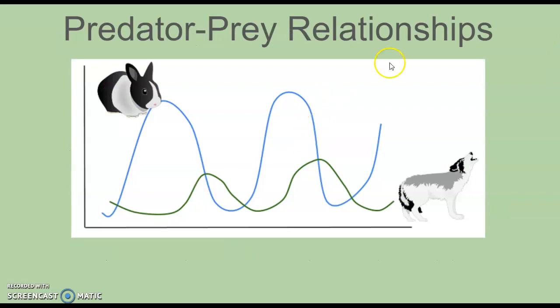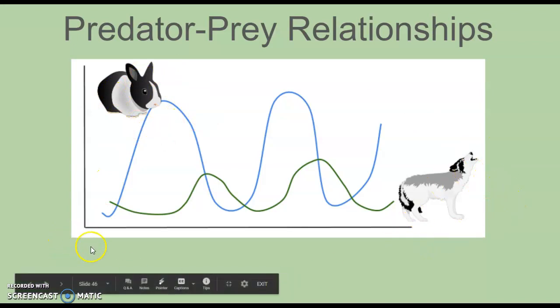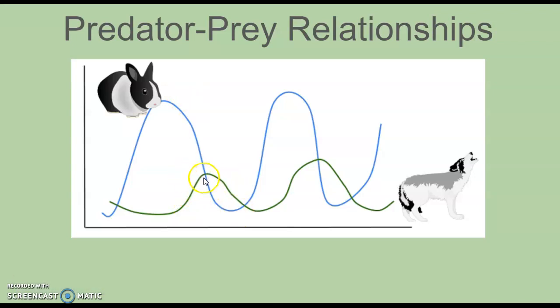All right, this picture is just a visual to see the relationship between predator and prey. So I have this rabbit and I have what looks like a wolf. If I have a lot of rabbits here, that's going to increase my wolves, right? Because if they have more food, more wolves are going to come. As I increase my wolves, look what happens to my rabbits.